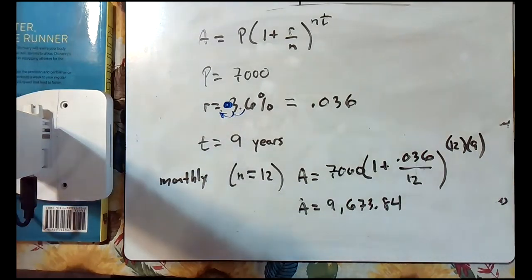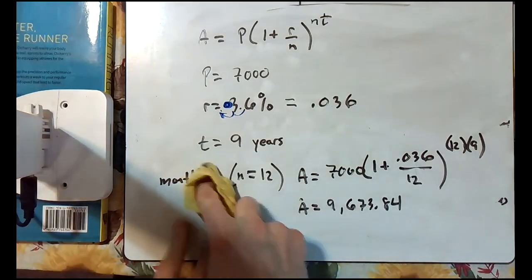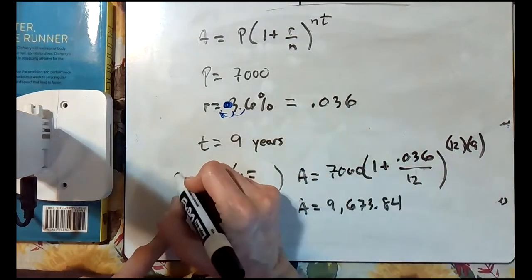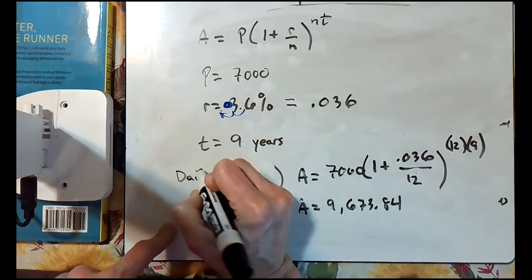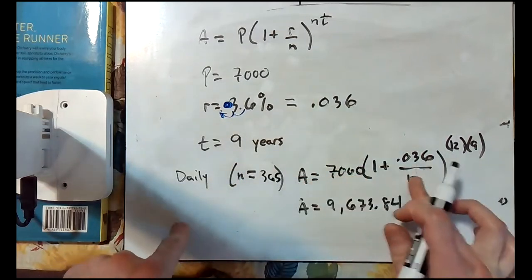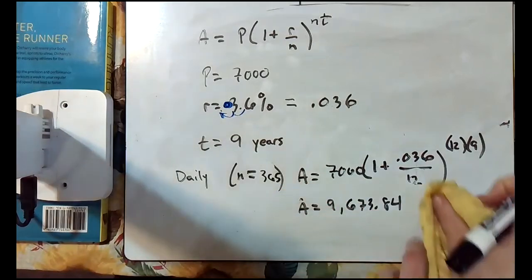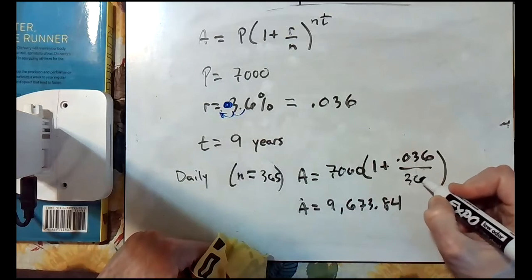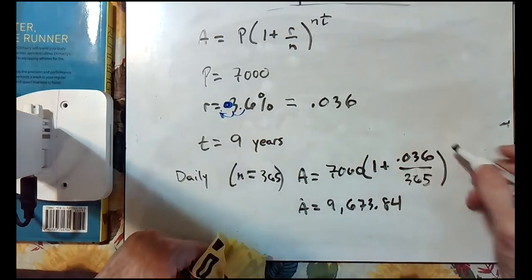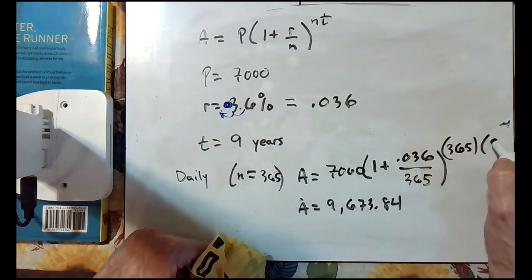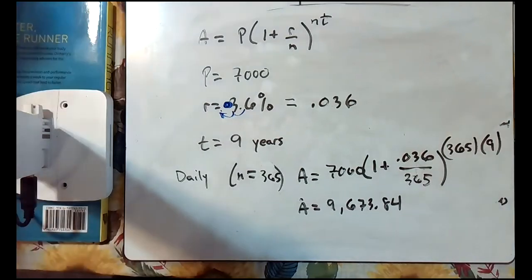And then we also had daily. So daily is 365. Only the n's are going to change. Now, how are we going to type this one in right here?